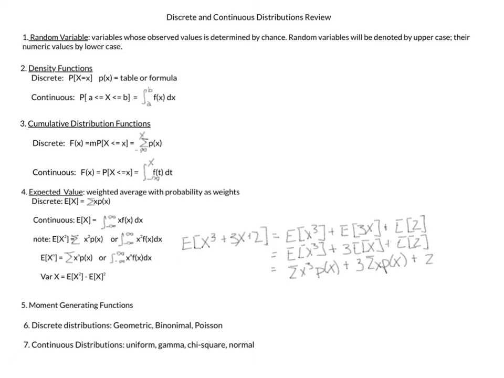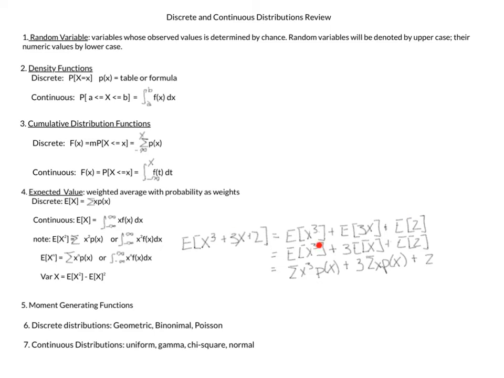And because expected value is a linear mapping, if you have the expected value of x cubed plus 3x plus 2, so this is a function of x, you're plugging in your random variable x to make a function, you can separate it out. So that's the expected value of x cubed plus 3 times the expected value of x plus the expected value of 2.